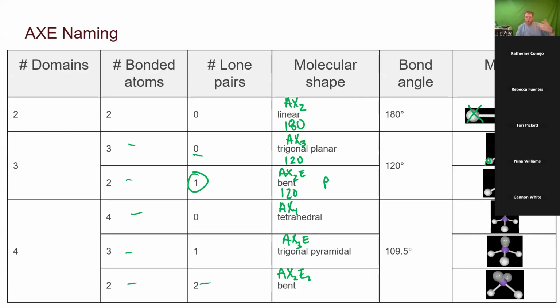What I just wrote was true about 9 out of 10 times, but not 100% of the time. What I'm going to write now is 100% of the time. If you see AX3E, that's a polar compound. If you see AX2E2, that is a polar compound.